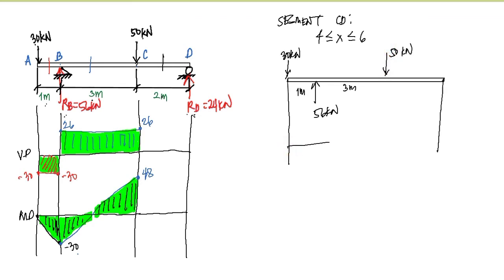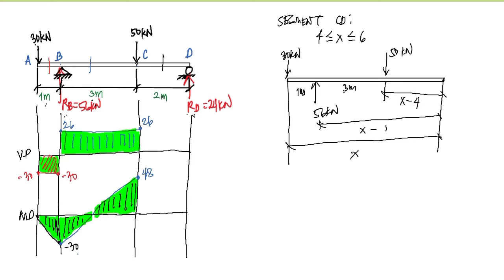So if this distance here is x, therefore this distance from the point B up to our section is x minus 1. And if the distance here is 3 plus 1, so that's 4. So this distance here is x minus 4.